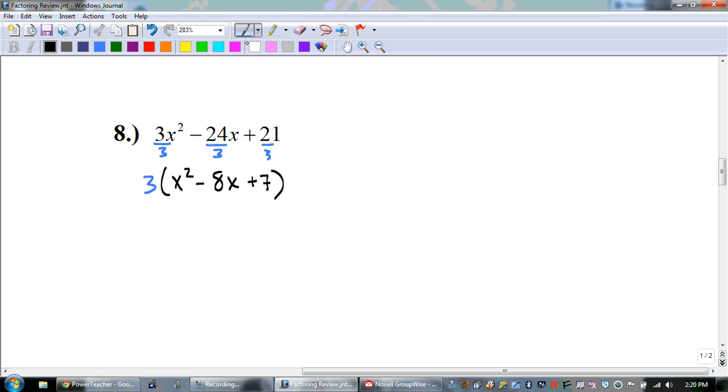So we have a trinomial, which means now we have to multiply. The factors of 7 are 1 and 7, and I'm looking for numbers that multiply to get to 7 and add to get to negative 8. And what's it going to be? Yeah, it's 1 and 7, but they both have to be negative to work in the bottom, and if they're both negative, they work on the top.